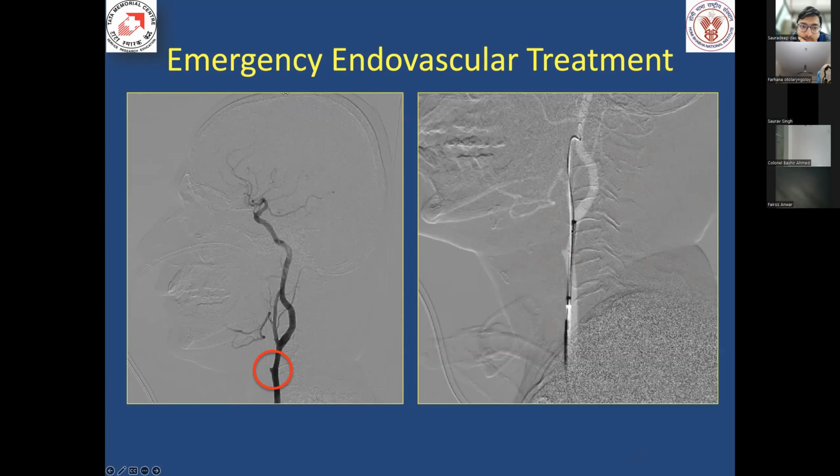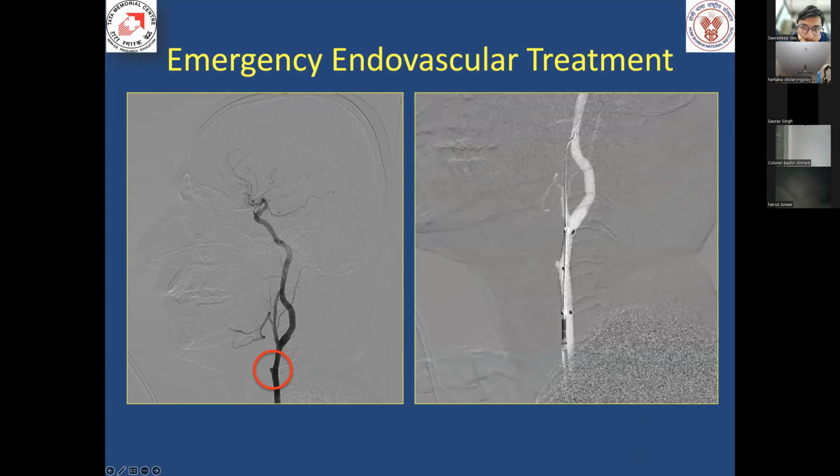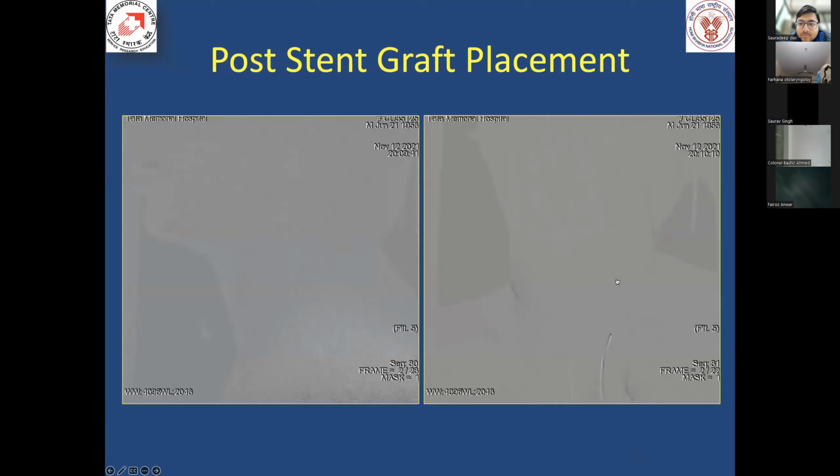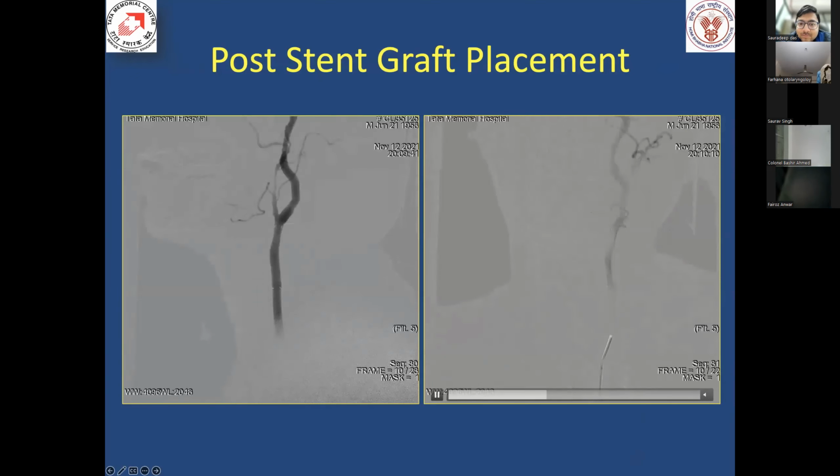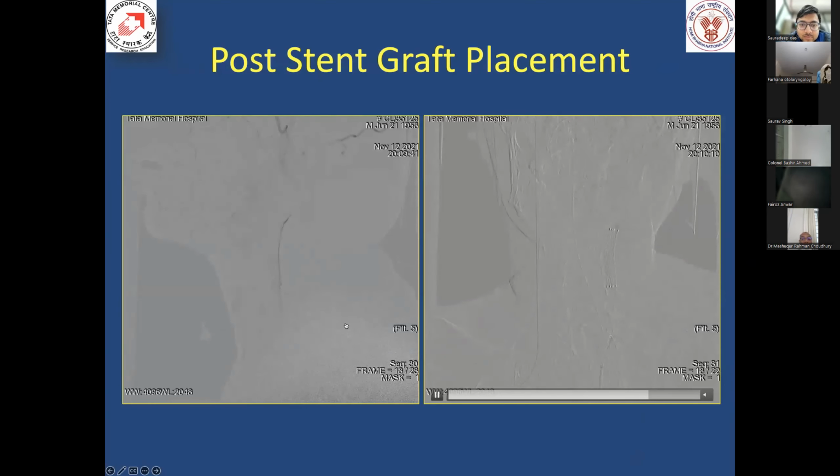So it prevents the blood going out of this stent, and at the same time it removes the aneurysm from the picture. The blood flows directly through the graft into the ICA. So this is how the post angiogram looks. From the stent graft, the pseudoaneurysm is excluded, but we have got good supply to the ICA.